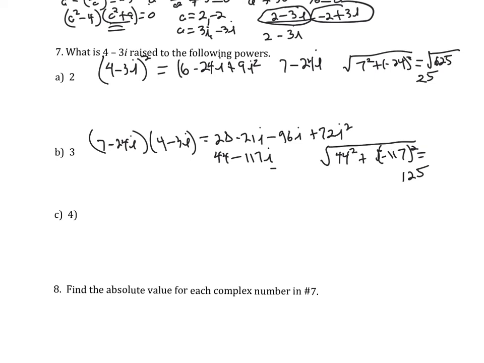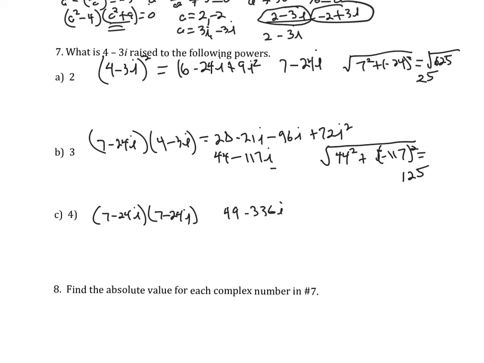Okay, one more time. So this is really just 7 minus 24I times 7 minus 24I, which is going to give us 49. Minus, so 7 times -24 is 168, doubled is 336, so we end up with -336I.